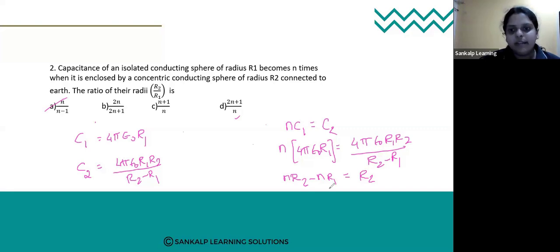So if you simplify for R2 divided by R1, it will become n divided by n minus 1. That is, option A is the right answer.